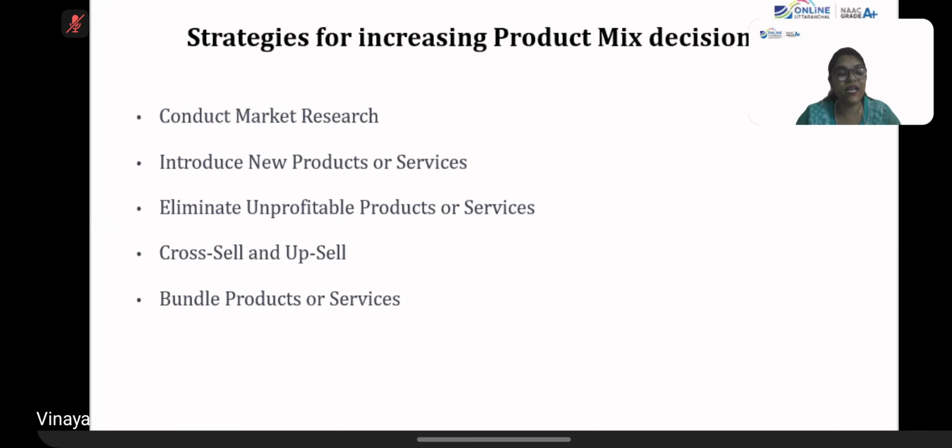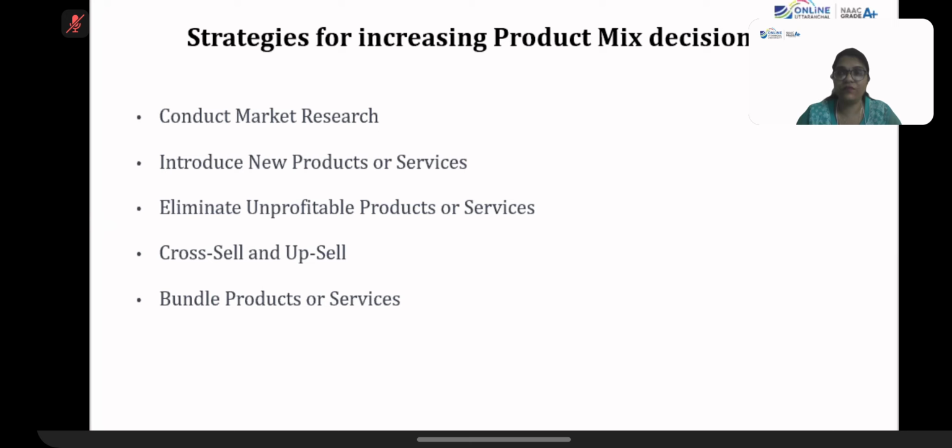Then comes your cross-sell and upsell. Now, cross-selling and upselling can increase students' sales to the existing customers, which can be encouraged to purchase additional products, services. Okay. So a company can use its customer data to identify कौन से कस्टमर को हम एडिशनल प्रोडक्ट दे सकते हैं.